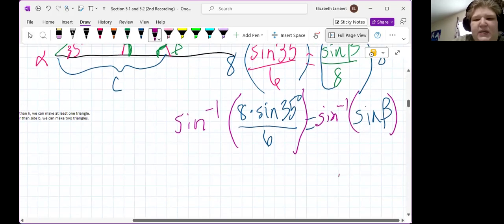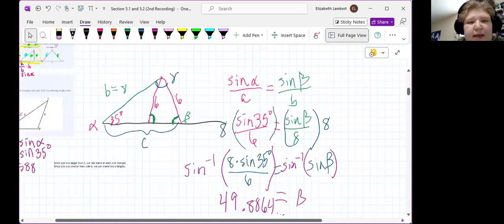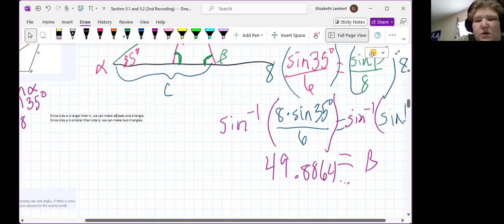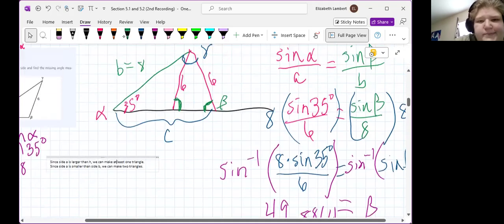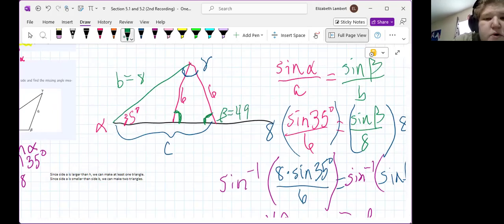So this tells me that beta is 49.8864, and so on. All right, so when I look at my weird figure here, that green beta I drew in, just go ahead and call that 49.9. So beta equals 49.9.